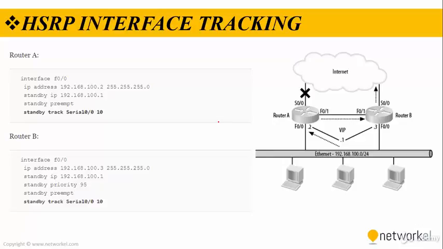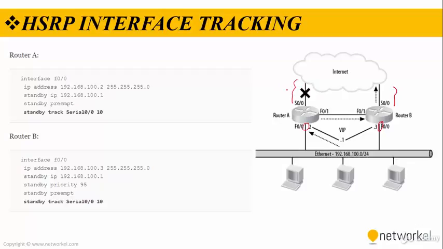HSRP has another great feature that is known as HSRP interface tracking. As I told you in the first slide, HSRP always is responsible for protecting the default gateway, these interfaces. But when I try to connect to the internet, I have also these interfaces as well. So what HSRP is doing with interface tracking, HSRP is watching whether this interface is up or not.